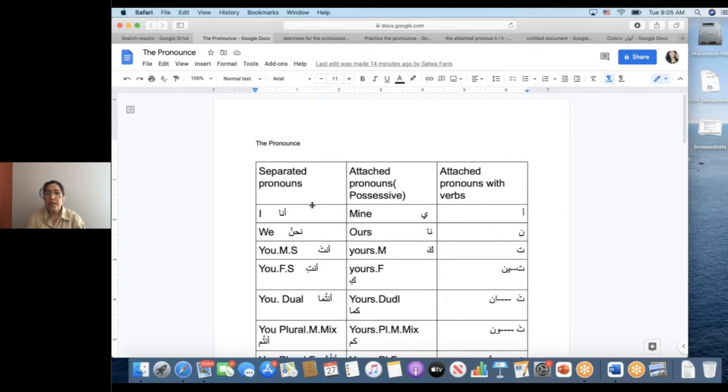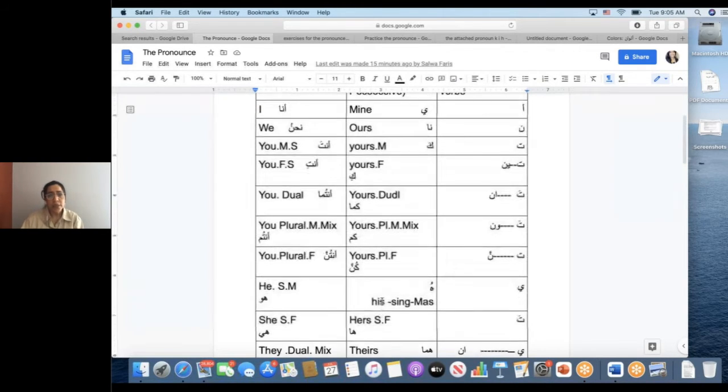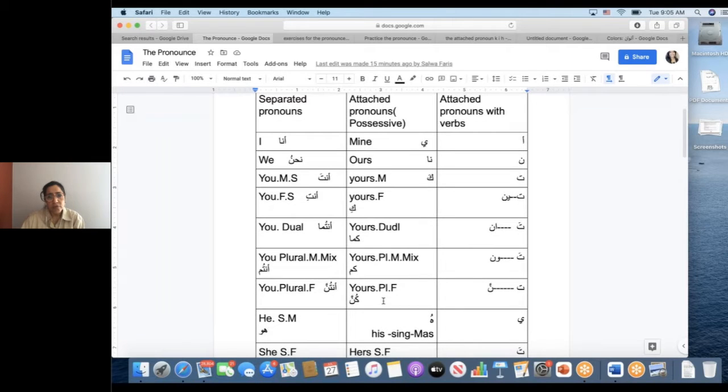So Shabab, I did this for you, those of you who are still confused about the pronouns. We said we have separated pronouns in the Arabic language and we have attached pronouns. I hope it is helpful for you. So with ana, which is I, the possessive is ya at the end to make it mine.